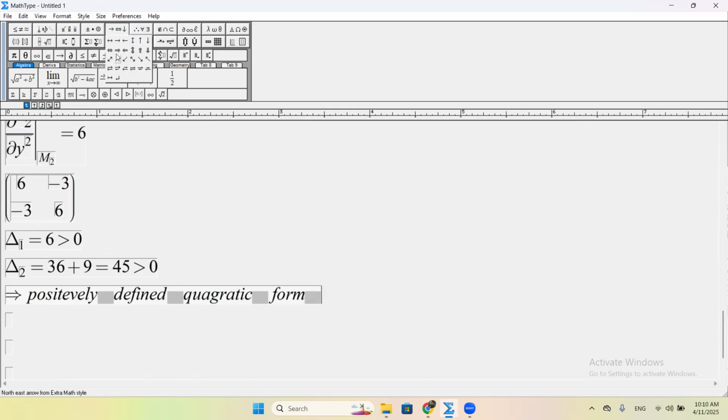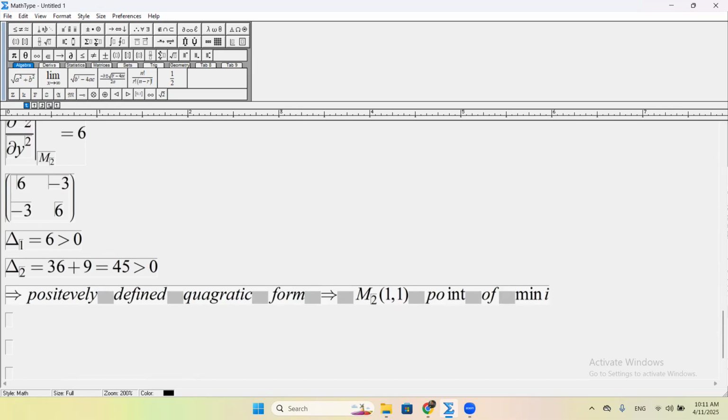So it means that M2 is the point of minimum.